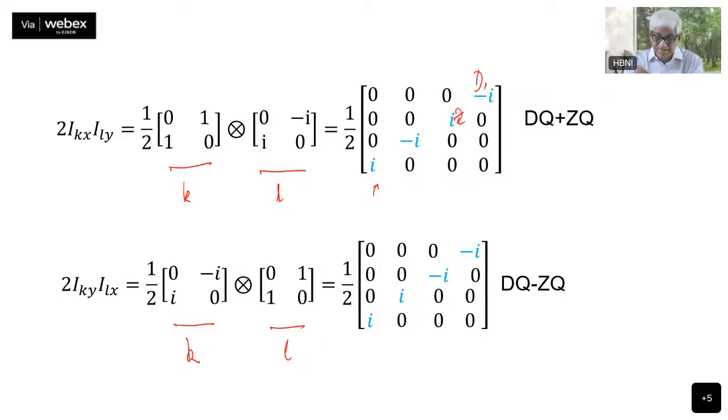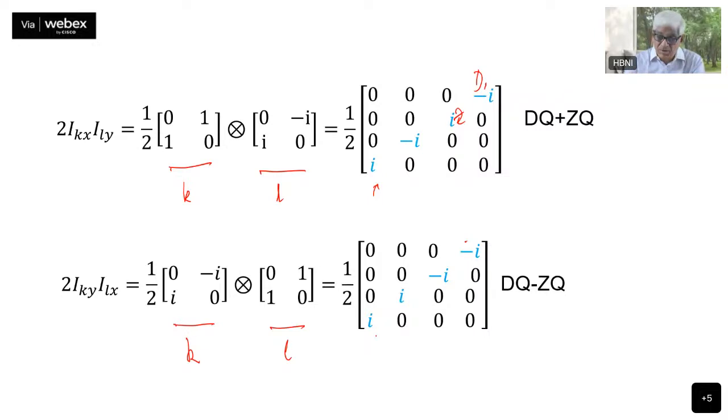Now we see this is exactly opposite in sign compared to the top so far as the zero quantum is concerned. The double quantum elements are the same as on the top, but the zero quantum elements have changed sign.